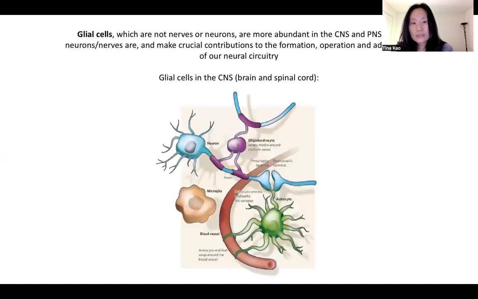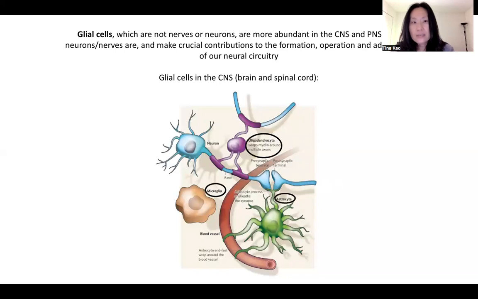And so let's first talk about, very quickly, a class of cells that we call glial cells. Now, remember, glial cells are cells, they're not neurons, and they're located within the CNS and the PNS, even though there are different types of glial cells in the PNS, and they make critical contributions.